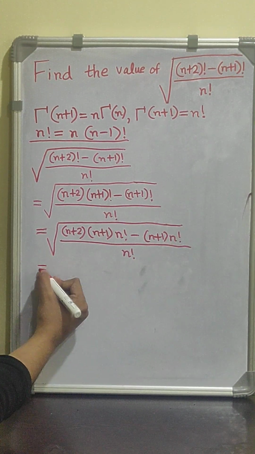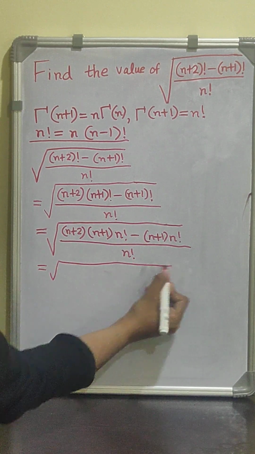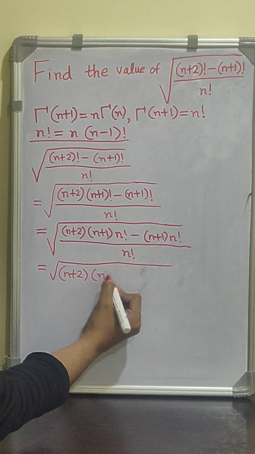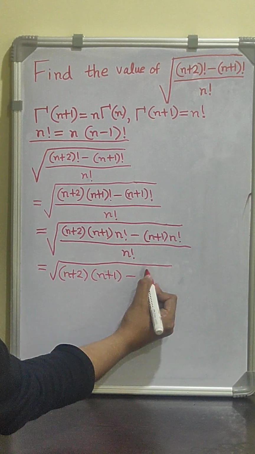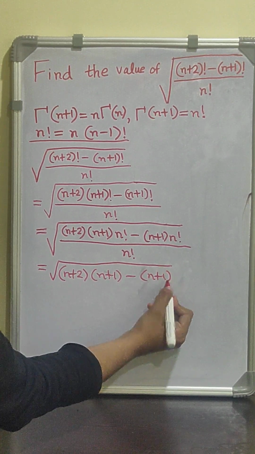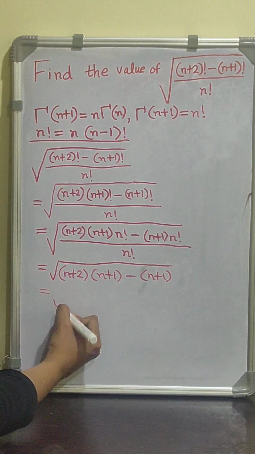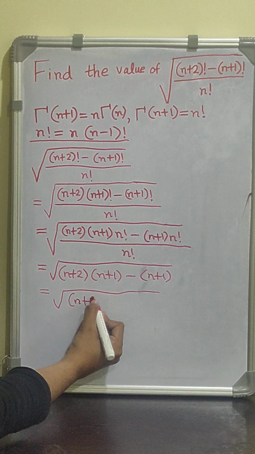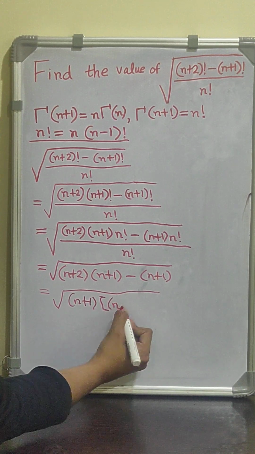So you're kind of left with under root (n+2)(n+1) minus (n+1). So I'm going to take n+1 common here. Perfect.